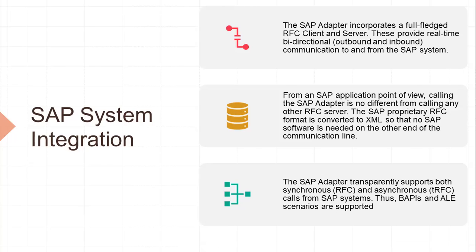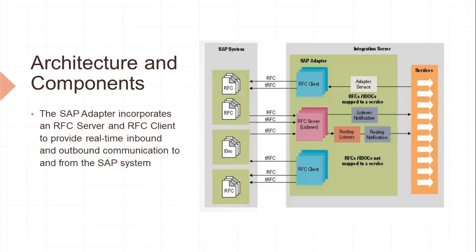So if you see the architecture, generally an SAP system consists of RFCs, which we know, and an integration server. If you want to connect to the SAP system, the integration server uses the SAP adapter to send the data.